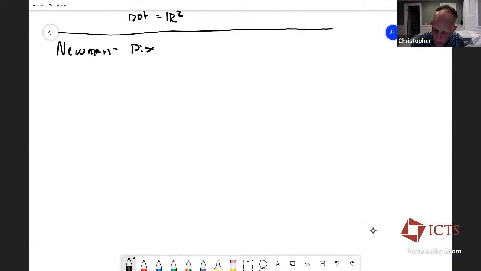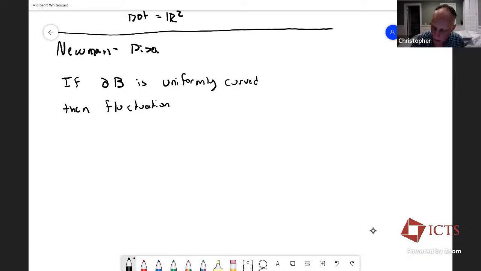It says that if the boundary of B is uniformly curved, then the fluctuation of geodesics is at most n to the 3/4 plus little o of 1.